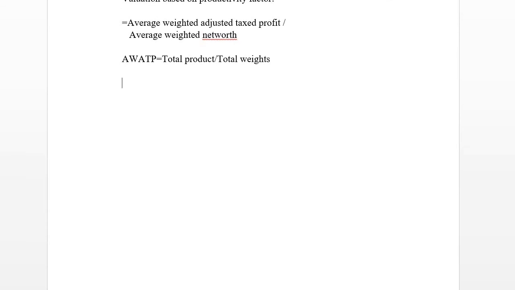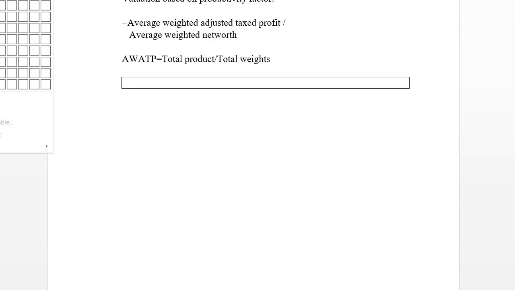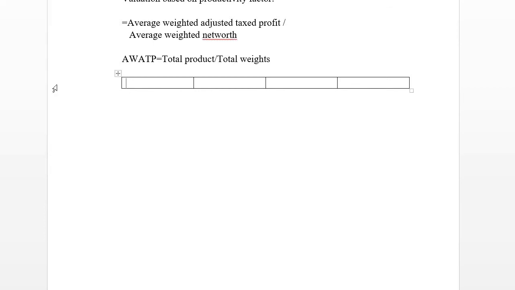Here the first column is year, then adjusted taxed profit, then weights, then another one is product, right?